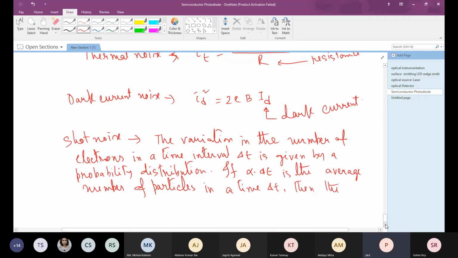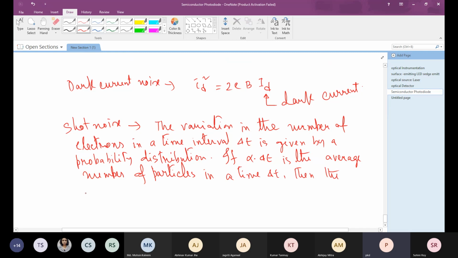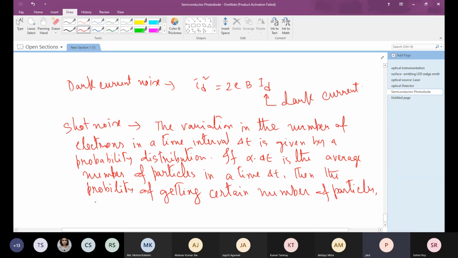Then the probability would be a Poisson distribution, of getting a certain number of particles, say n.